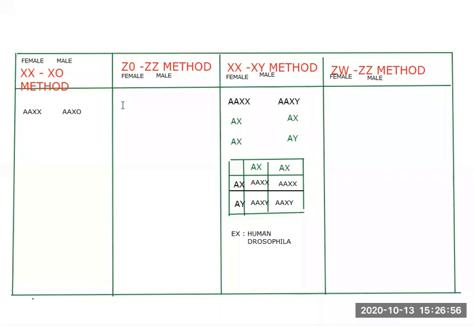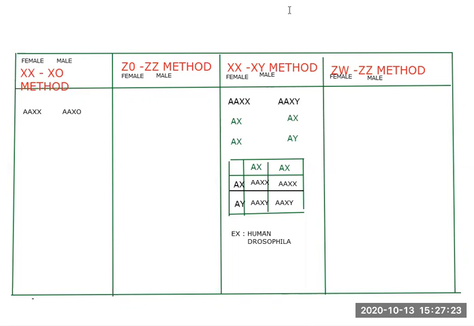Of those, 22 pairs are autosomes and one pair is allosome. Who are called allosomes? XX and XY are said to be allosomes.